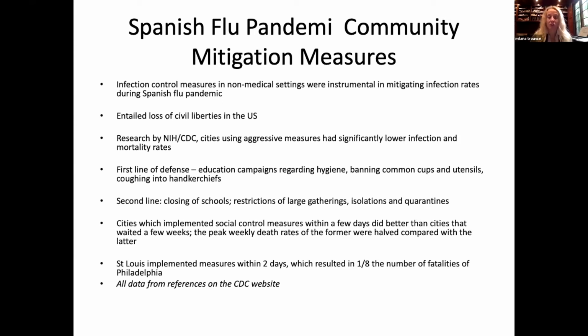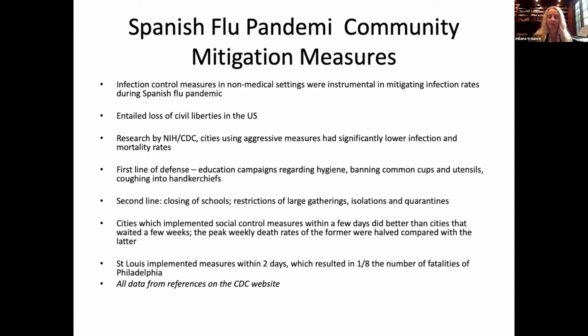And there is data to suggest that cities and counties which implemented social control measures within a few days of the outbreak did far better than cities that didn't. For example, St. Louis implemented these measures within 2 days, and they had 1/8 the number of deaths from Spanish flu compared to Philadelphia. 1/8.